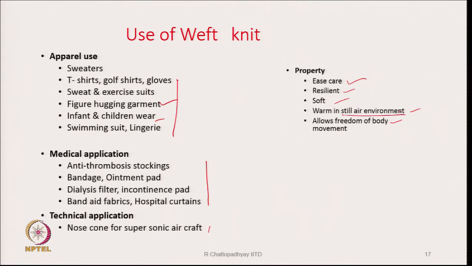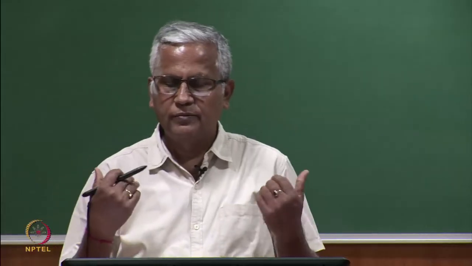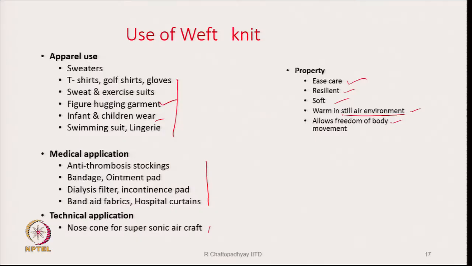In still air it is warm, otherwise any knitted structure is quite porous, and therefore if wind is blowing, the wind can easily penetrate. So, in still air it is very warm, but if the air is not still but moving, in that case the cold air can easily penetrate the structure and can go near the skin.